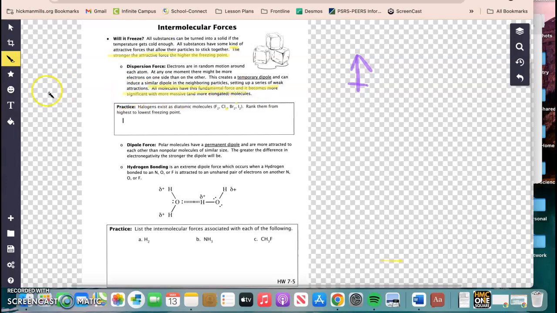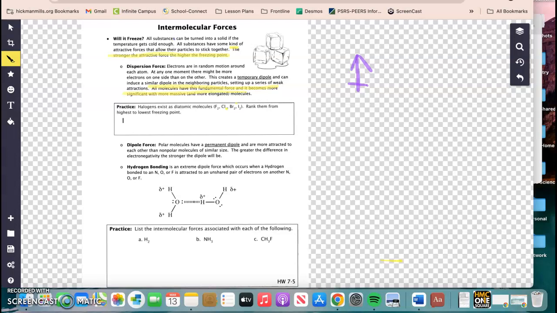Okay, so let's look at this. If we have halogens that are all diatomic molecules, meaning that they only have two atoms in a molecule, we will specifically look at those halogens: fluorine, chlorine, bromine, and iodine. Since they all have the same number of atoms, we have to look at the size.